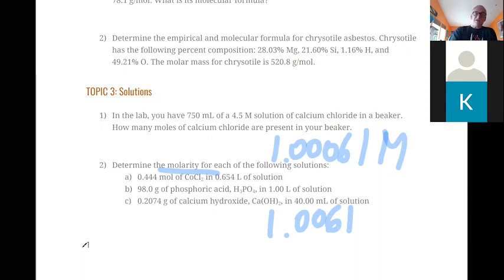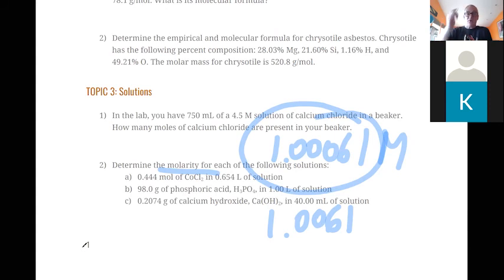So the question is, what do you round this number to? Have a look and see the number of significant digits given to you for the mass and for the volume. So first, here's the mass. How many significant digits there? 3. 3, right. And there's the volume. How many significant digits there? 3.